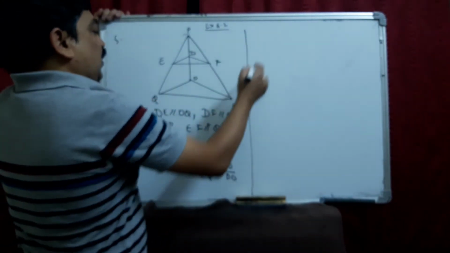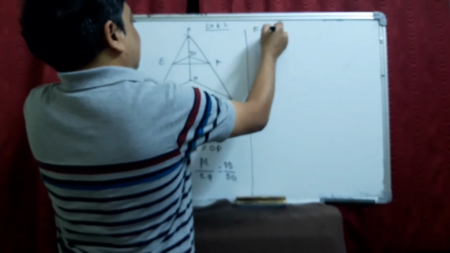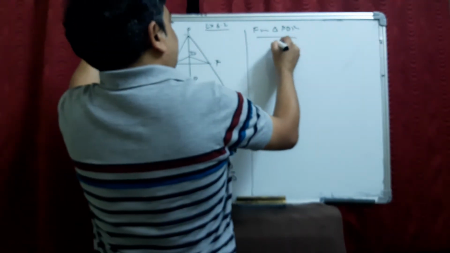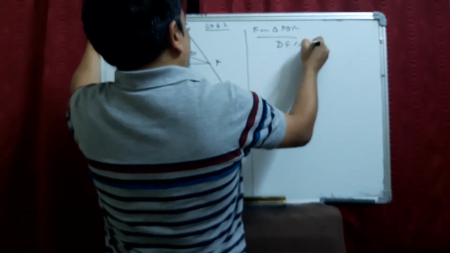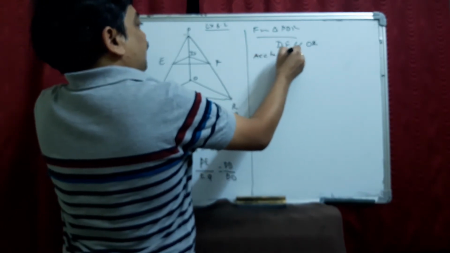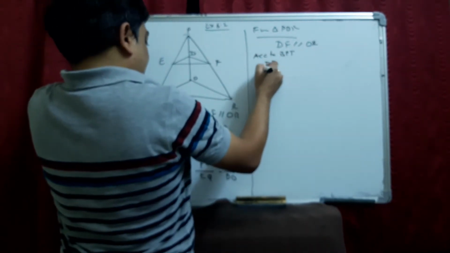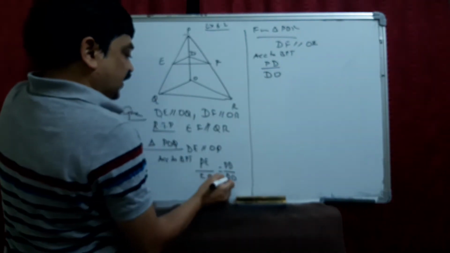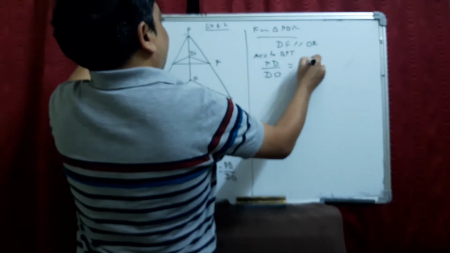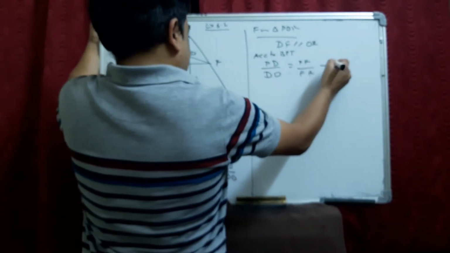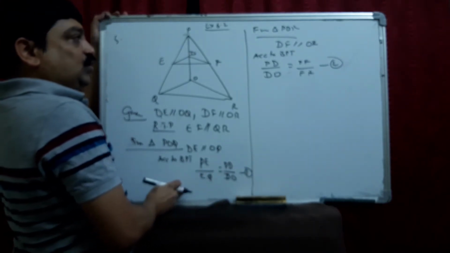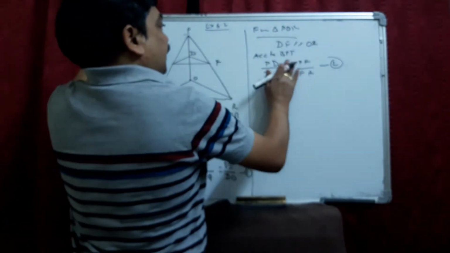In the same way, from triangle POR, if I take POR and DF is parallel to OR, according to BPT, what is happening? PD by DO is equal to PF by FR. This is 2 and this is 1. When you equate 1 and 2, let us write PD by DO on that side.